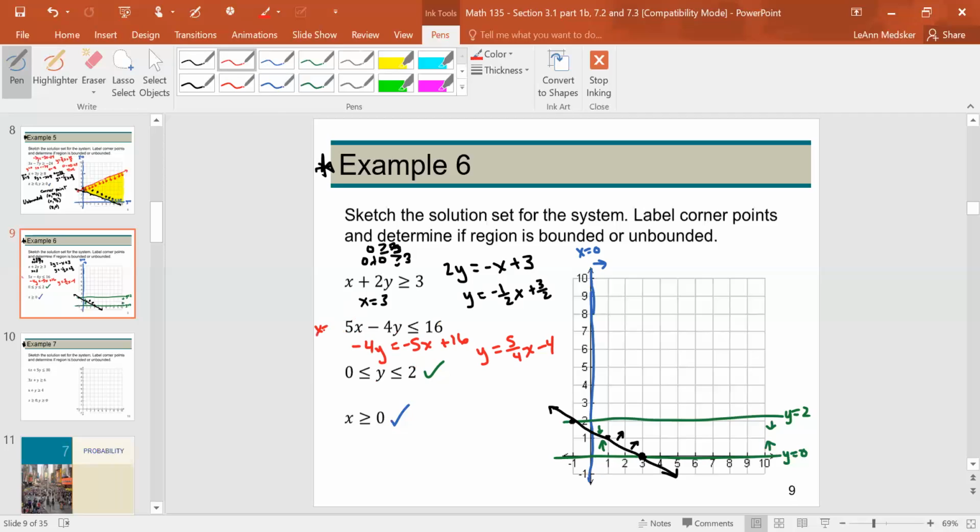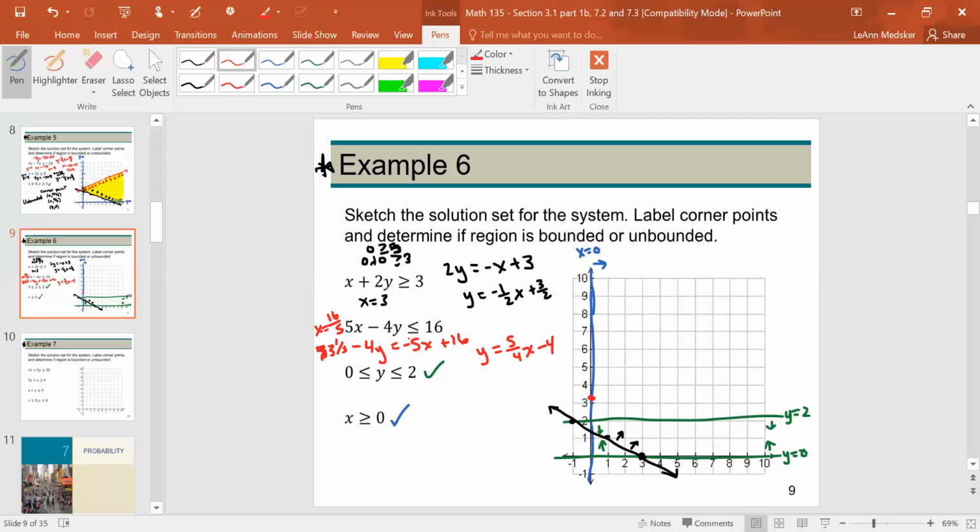So the x-intercept would be 16/5, which would be 3 1/5, yes. Okay, so 3 1/5, and then our slope is up 5 over 4.